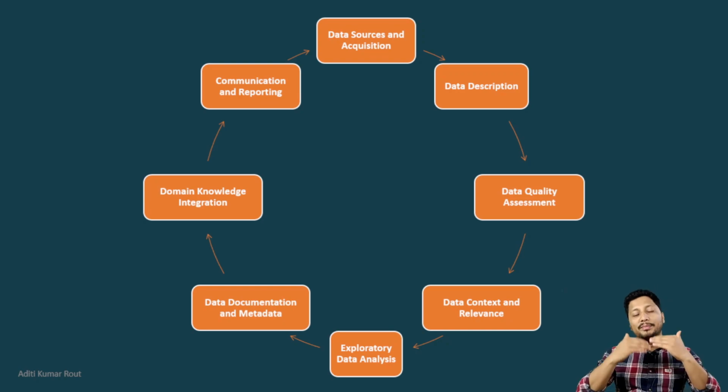It will be very useful and beneficial for taking further decisions if your business, your domain, and you as a data science professional are on the same page. Otherwise, it is very difficult to make an informed decision in the real world.